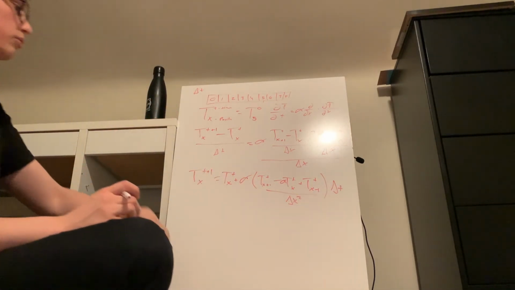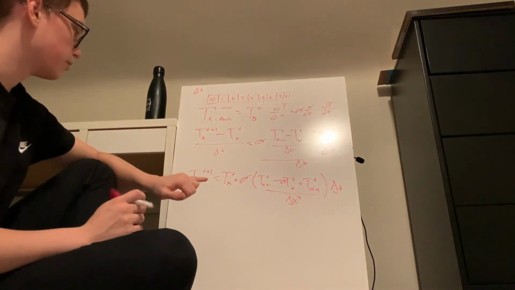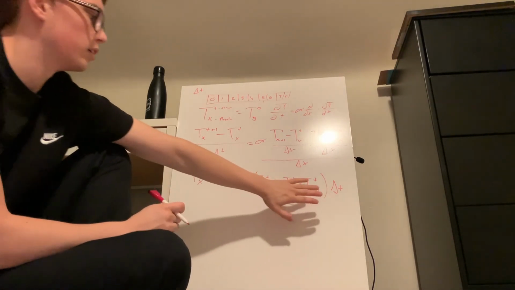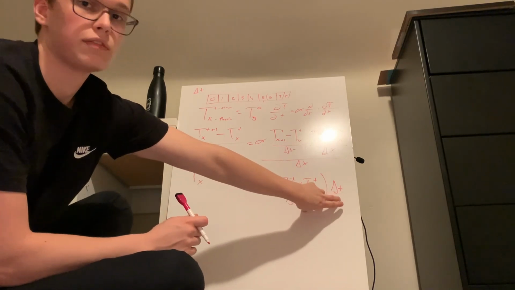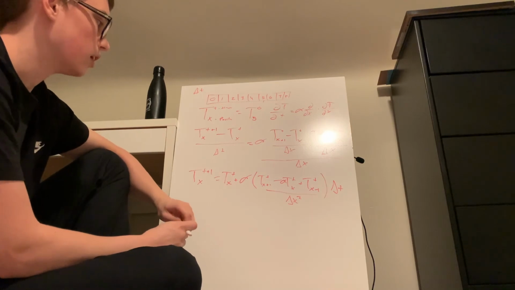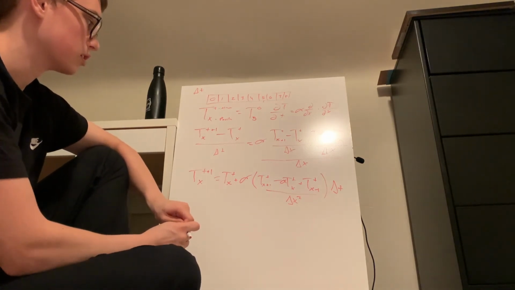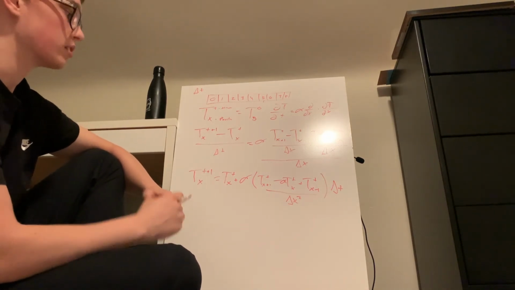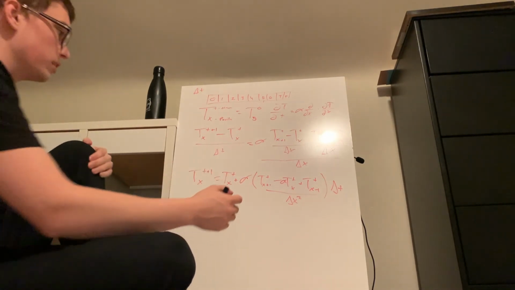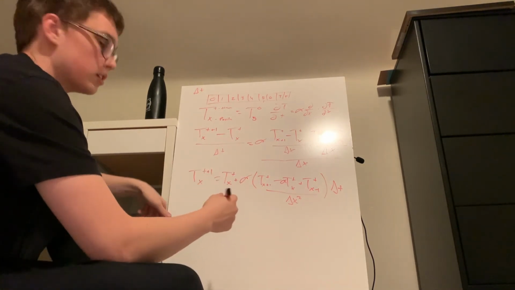And so now if we simplify this again, we can simplify this basically by getting rid of these values here, because our change in time and change in position are going to remain constant, as well as our thermal diffusivity out here.